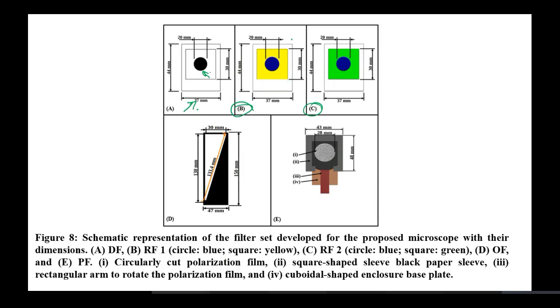In Rheinberg illumination, usually the central part of the filter is made slightly darker than the outer layer, and you need to have a different contrast color. If the contrast between the inner and outer colors is similar, then you will not get good results.